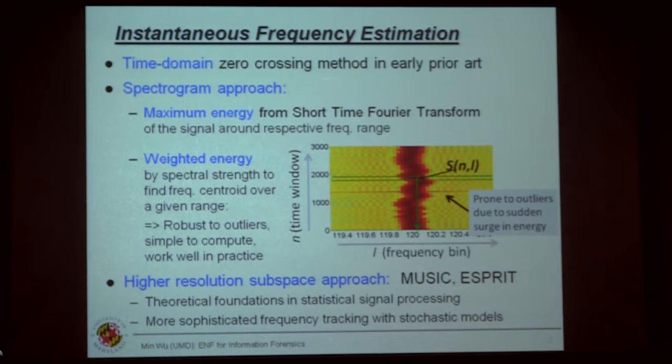We could model this random process and look at some special properties, and the typical one we're looking at is MUSIC, which basically looks at the autocorrelation function, builds a matrix, and looks at the signal versus noise subspace and uses those to estimate the frequency. We can also take advantage of some stochastic models to look at how the frequency changes very slowly over time, and do the frequency tracking.